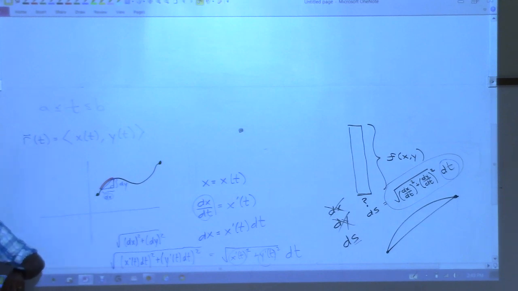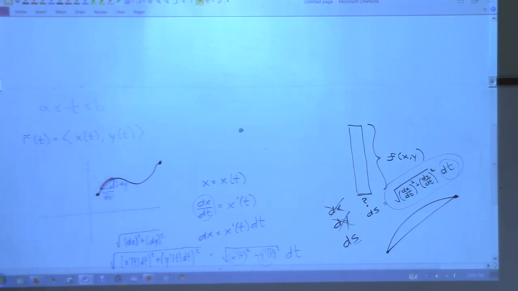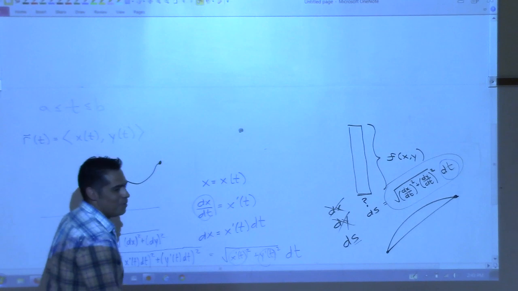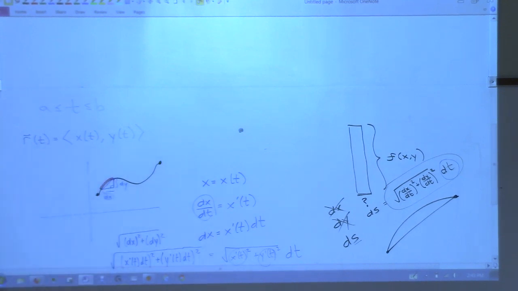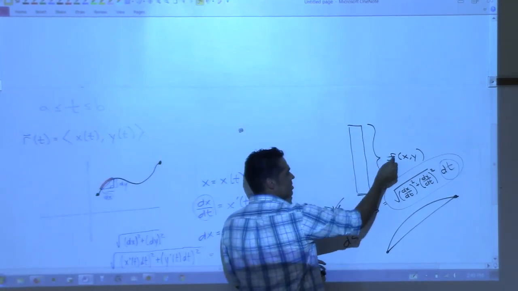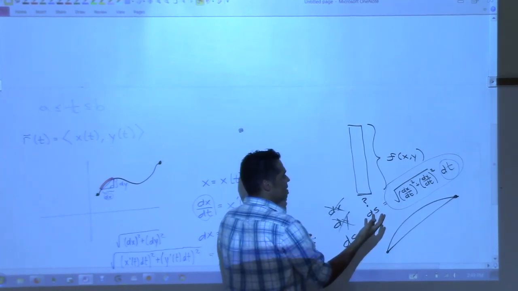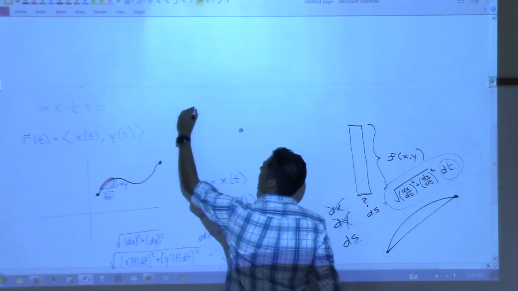And then what I want to do is add all those up, right? I want to add them all up. And what do we use to add things up? Addition, yes. How do we add an infinite number of things together in calculus? The integral, right? So the area of this thing is this times this, and I want to add them all up. So our new notation is going to look like this.